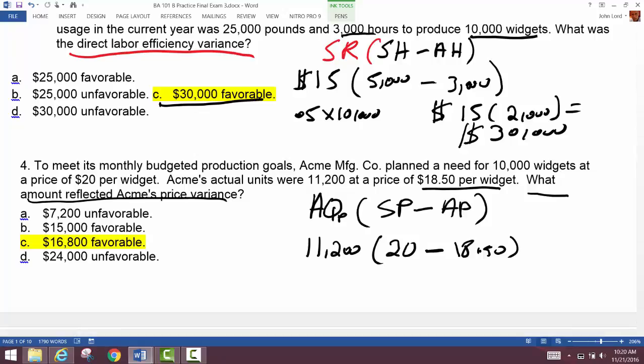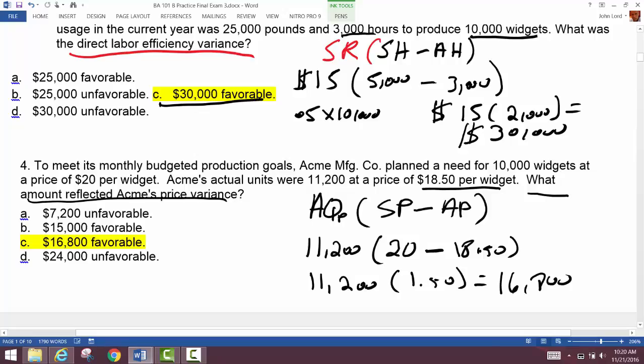This is a little easier than the other ones where we had to do another calculation. But 11,200 times, what's that, $1.50? Should give me 16,800 favorable. Okay, good.